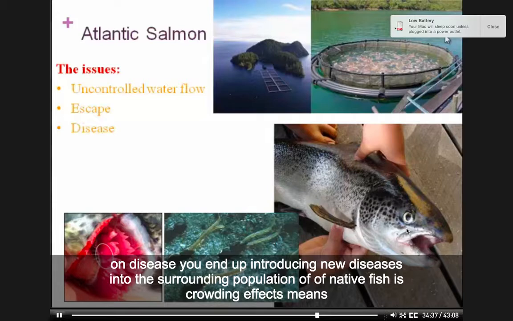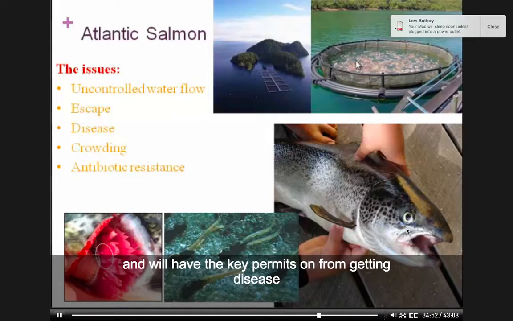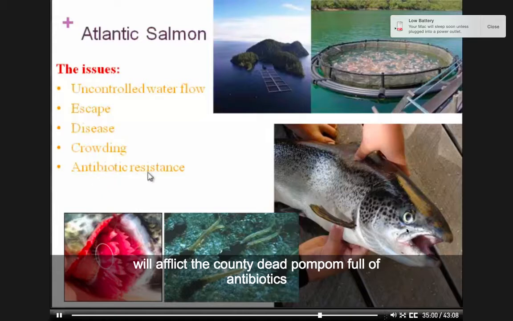Disease. You end up introducing new diseases into the surrounding population of native fishes. And by the way, crowding these fish into these little pens actually enhances the disease process. Well, how do you keep them from getting disease if they're in such close quarters? Well, it's like the cows. You got to pump them full of antibiotics.